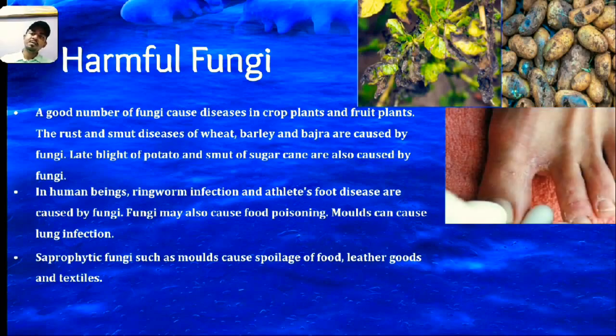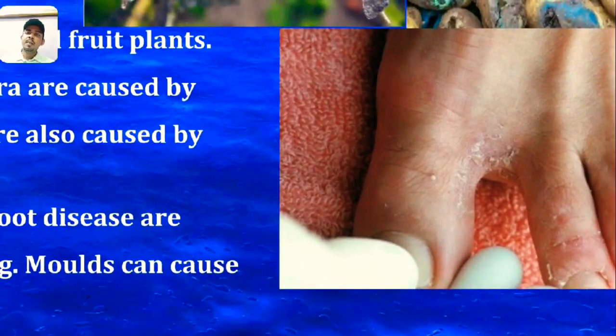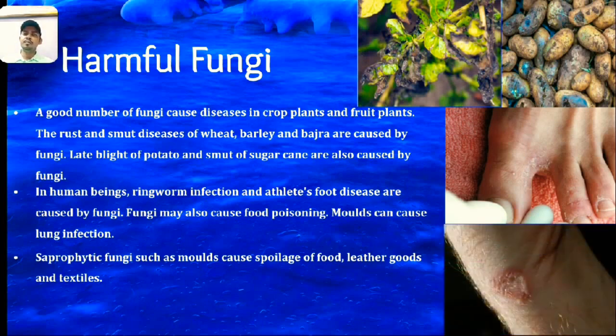In human beings, first of all, let us see, this is athlete's foot. If you do a lot of exercise and physical activity, and continuously wear socks and shoes, you might get this disease very easily. It is very common. It happens to sportspersons many times.